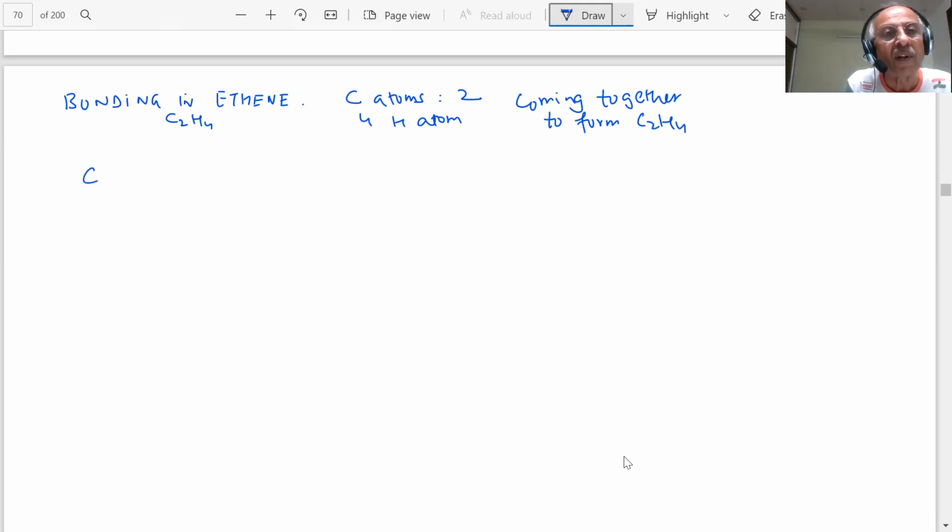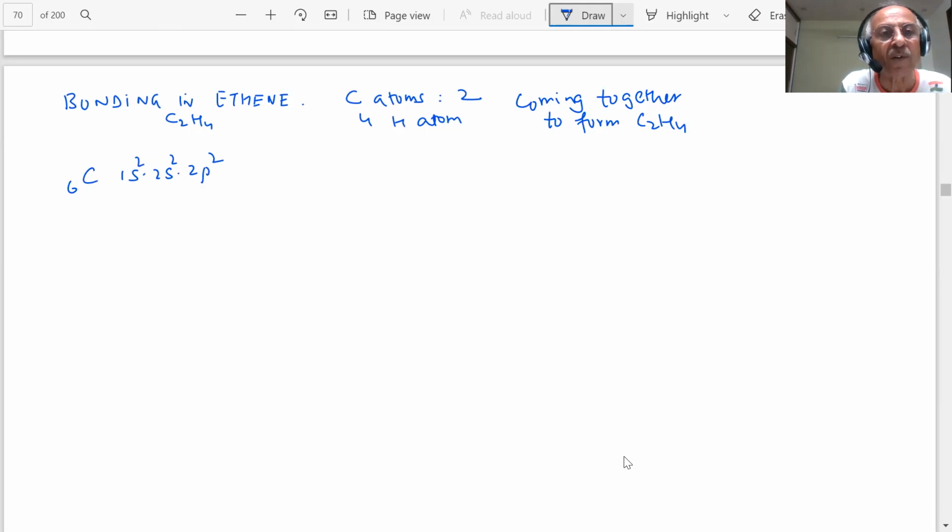What is the atomic number of carbon? 6, with configuration 1s2, 2s2, 2p2. Now, how many bonds does carbon have to form? In this case, carbon has 4.